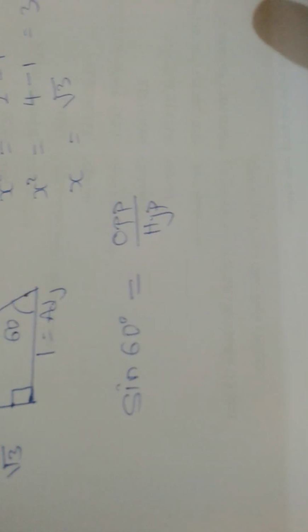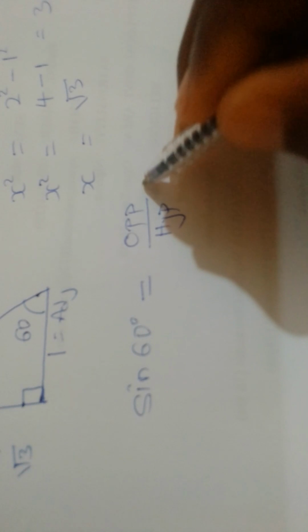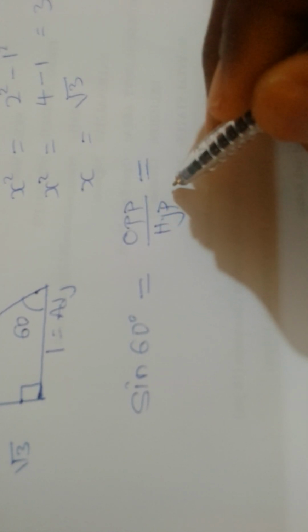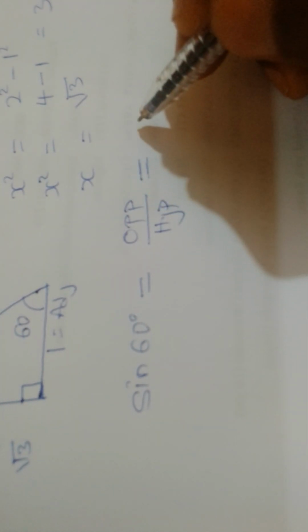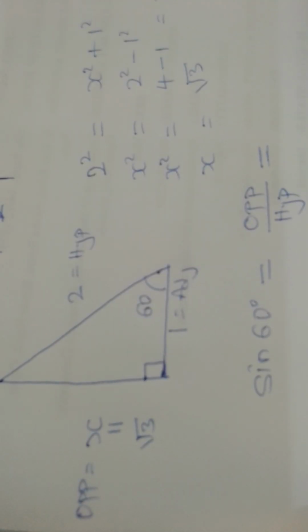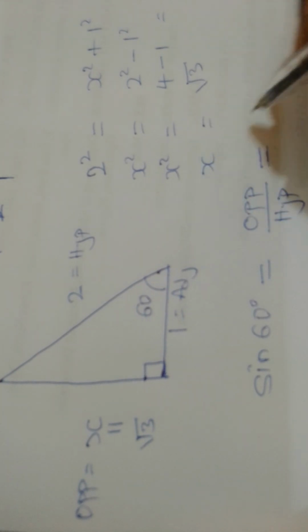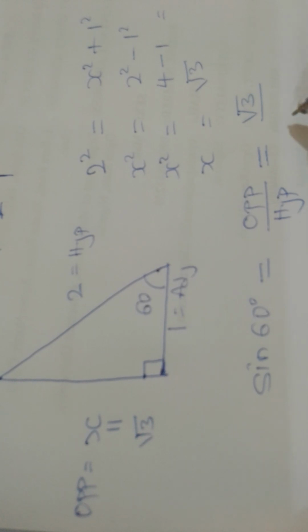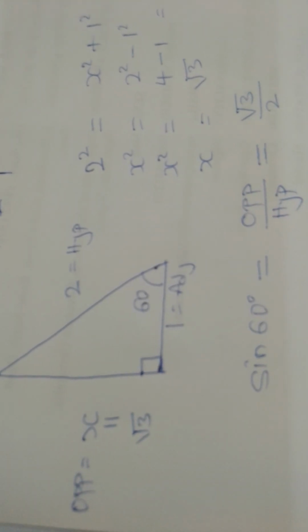So we can now go ahead and write out the values of the 6 trig functions for 60°. Now, the value for opposite when you are considering 60° is root 3. So sine 60° would be root 3 over hypotenuse 2.